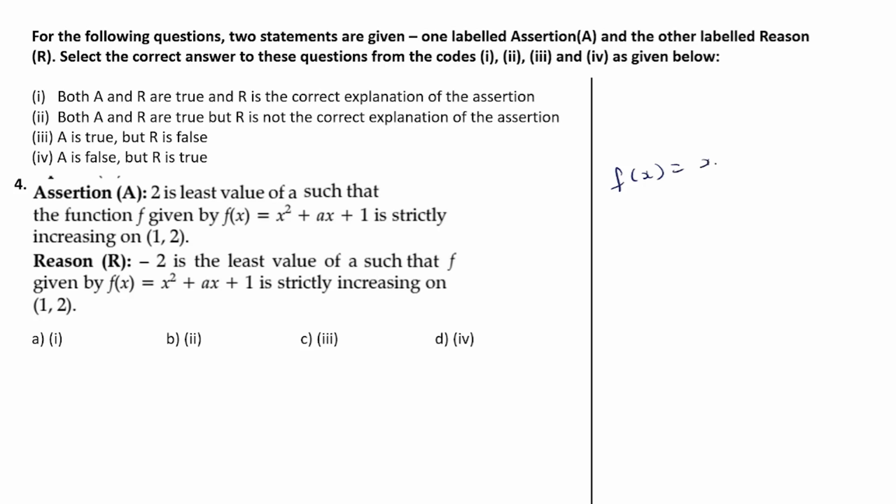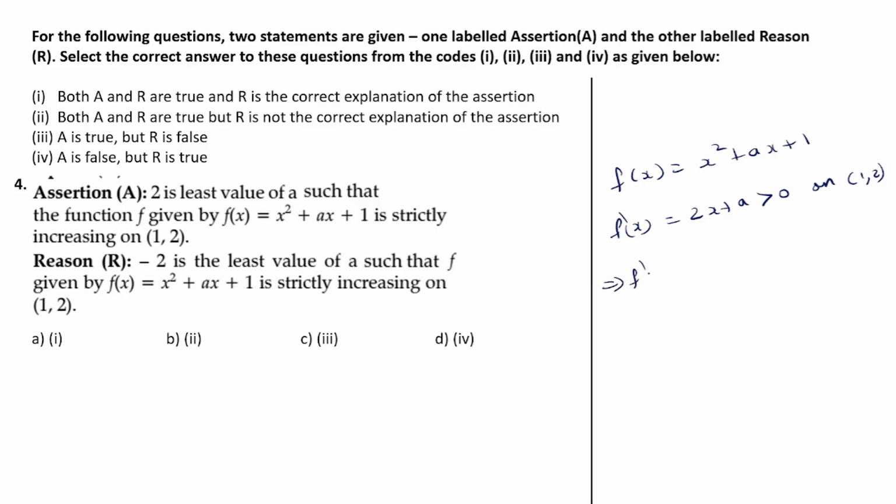They have given f of x as x square plus ax plus 1, and it is strictly increasing on the open interval 1, 2. If it is strictly increasing, then we have f dash of x greater than 0. F dash of x is 2x plus a. This is greater than 0 on the open interval 1, 2.